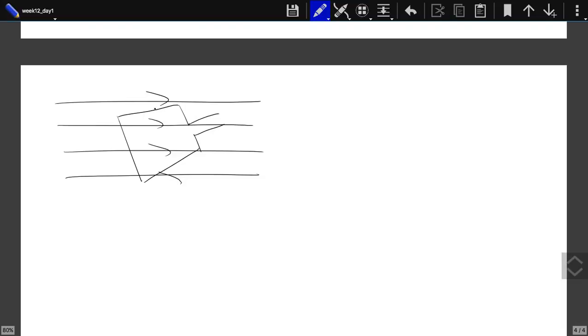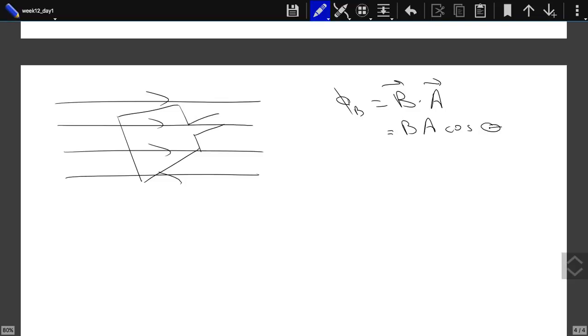If the magnetic field is uniform, the flux going through this loop, without paying attention to the signs, is just the magnetic field times the area. So this is equal to B times A times cosine theta.